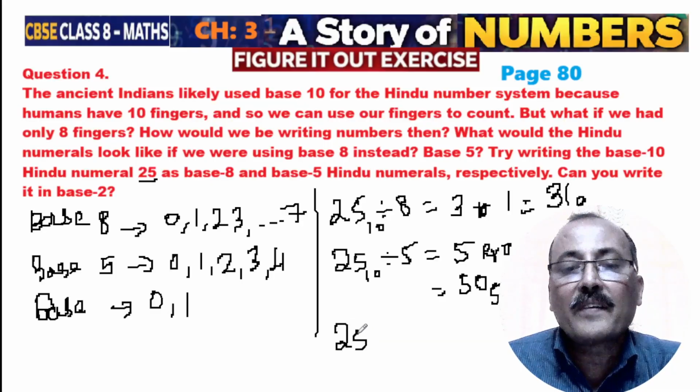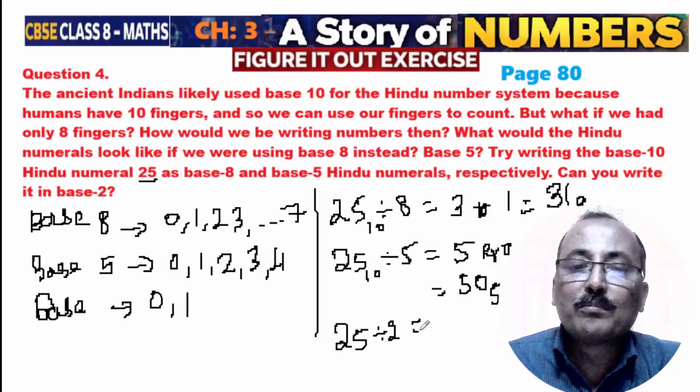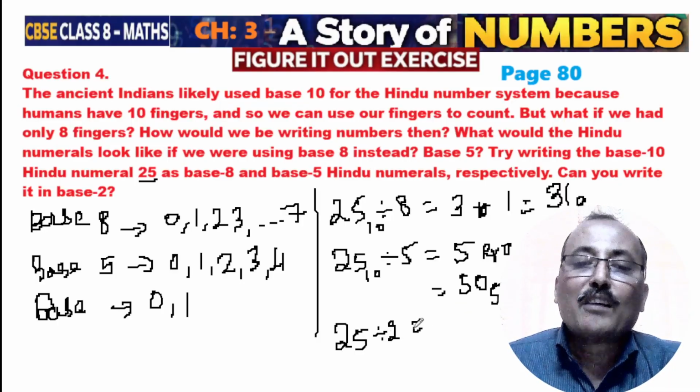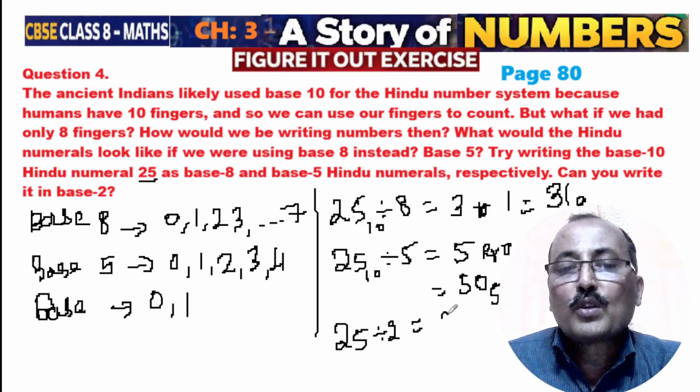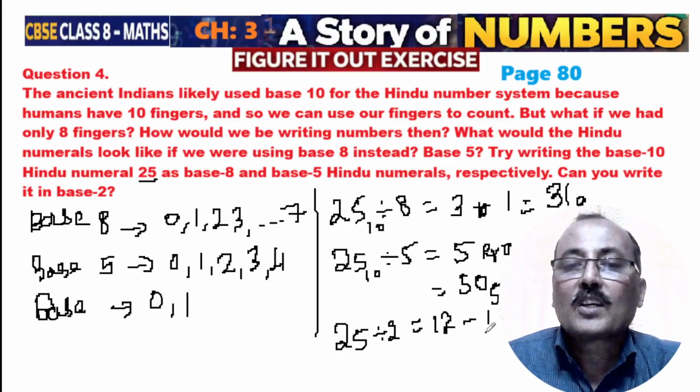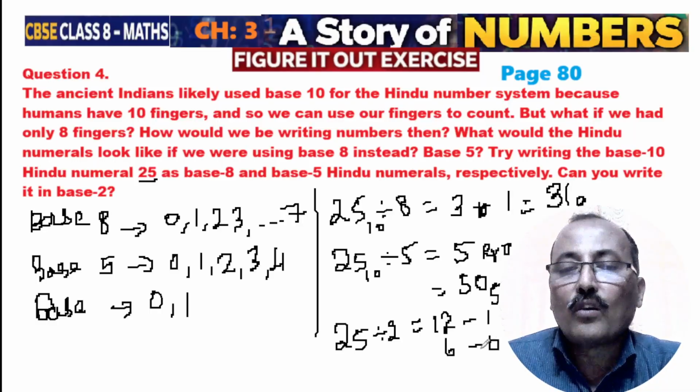What about in base 2? The same 25 I am going to write in base 2. If we divide, it will come 12 times remainder 1. Okay, I'll write like this. Then again if you divide this one, 6 times remainder 0.